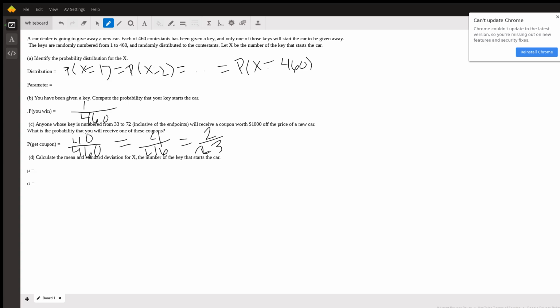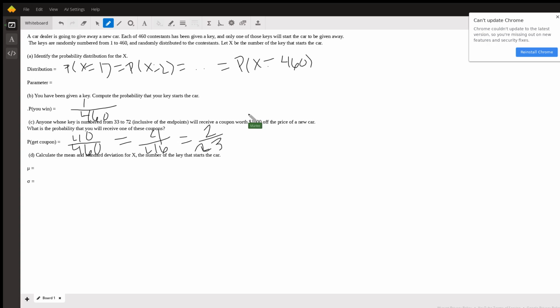Then to calculate the mean and standard deviation, we're just going to follow some formulas. The way we calculate the mean is we're going to take the sum for all values of x, and in this case x goes from 1 to 460. I'm going to label that x as xi.